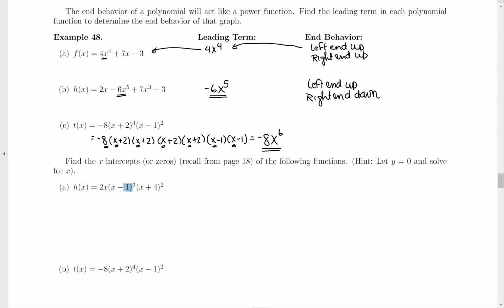I don't want to, but that's what the leading term would be, which tells me what my ends are doing. Left end down, right end down. And the reason they're both down or falling is because it's an even degree, which means the ends are going to do the same thing, and its negative coefficient, negative 8, tells me that they're both going in the negative direction.